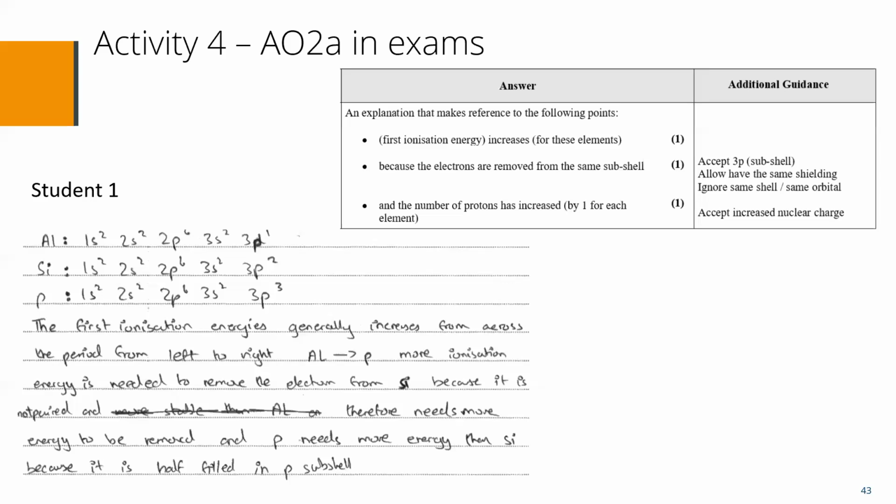Yes, I can repeat the shielding part. If you look at those electronic configurations for student one there, can you see that there's only one electron in the 3p orbital for aluminium, but there are two in the 3p orbital for silicon?